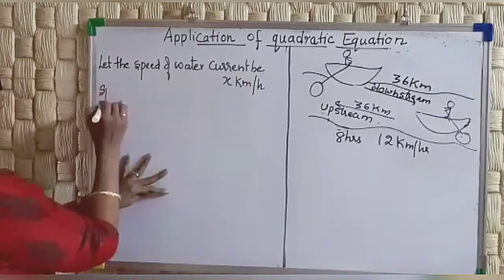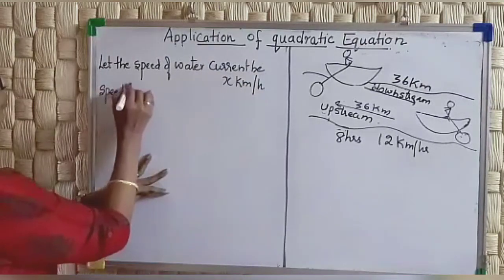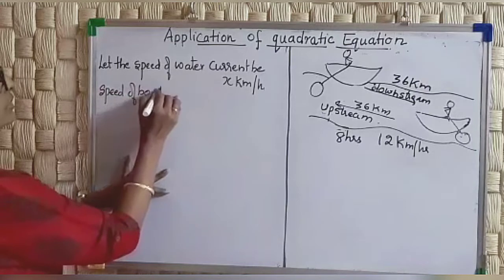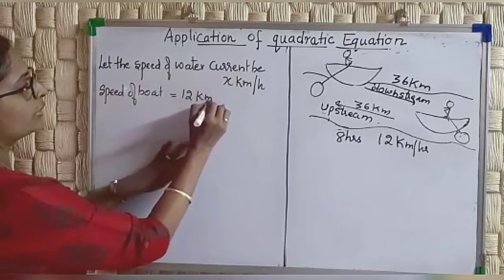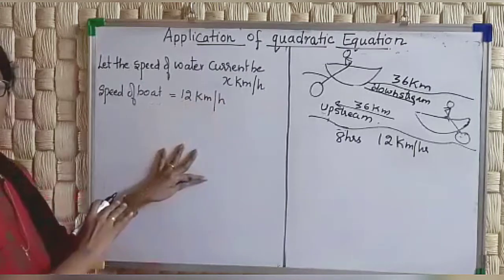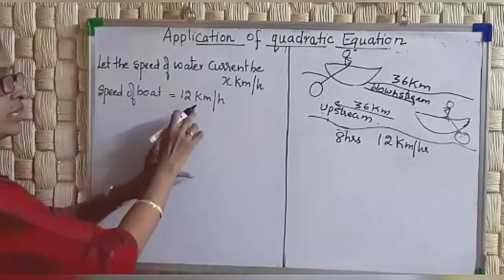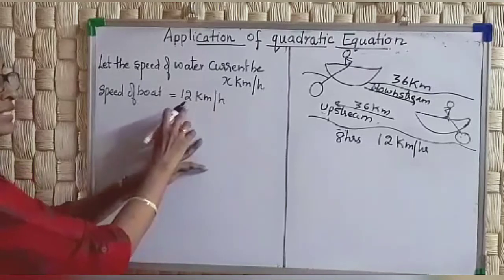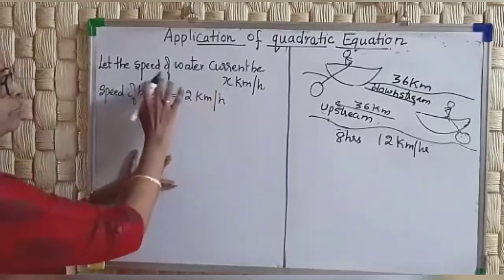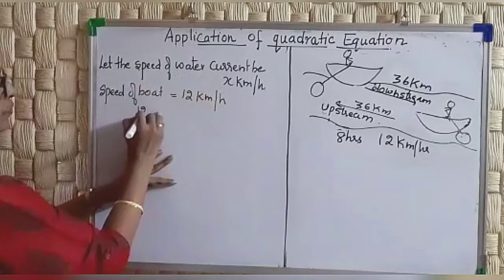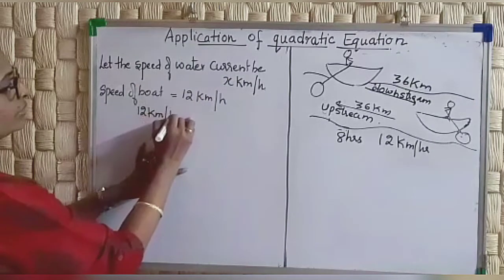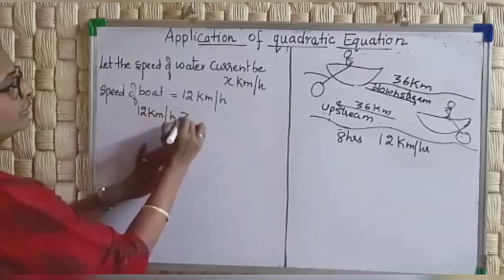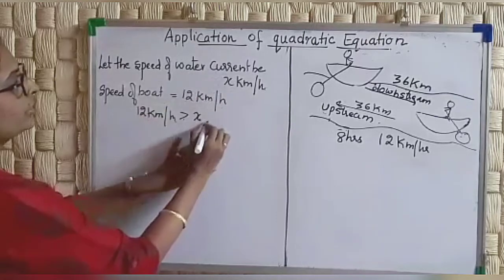Speed of boat is given as 12 km per hour. Now here the speed of boat is greater than speed of the water current, that is 12 km per hour is greater than the speed of the water current.